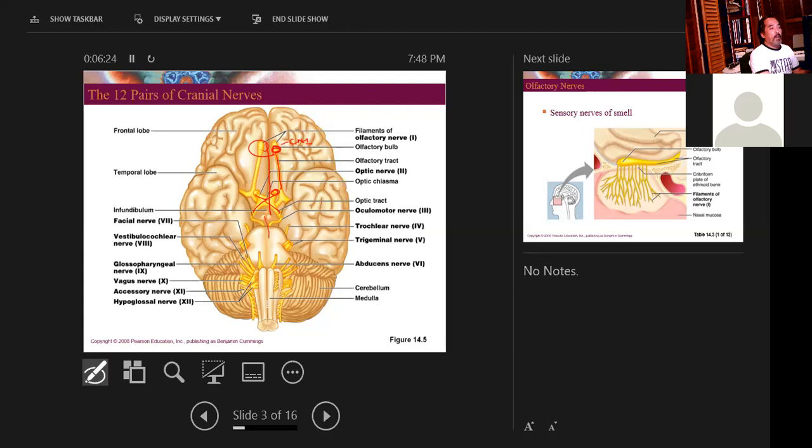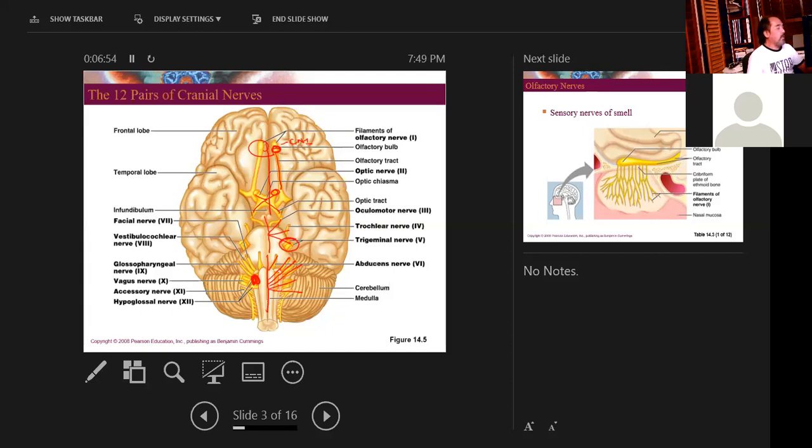I got cranial nerves 3, 4, and 5. Trigeminal is the biggest nerve. And then this is another clock. Cranial nerve 6, 7, 8, 9, 10, 11, and the 12th one is in the front. That's cranial nerve 12.